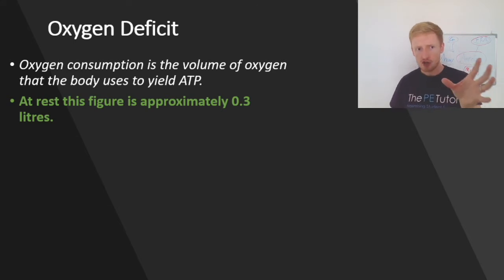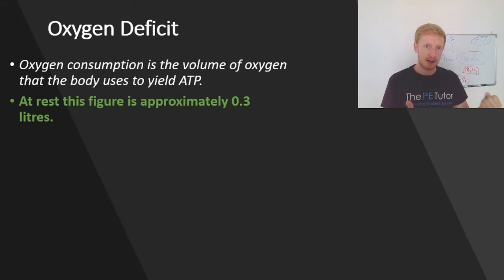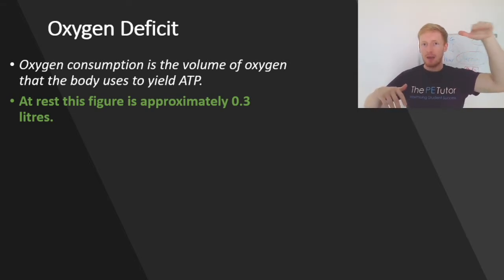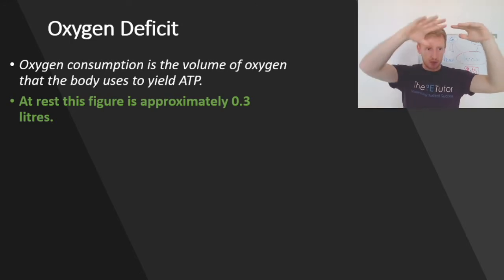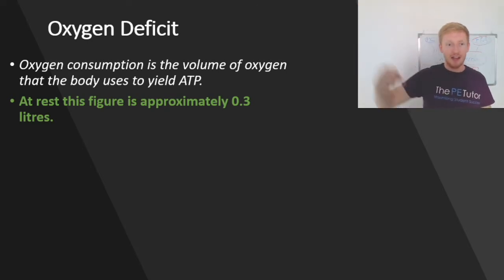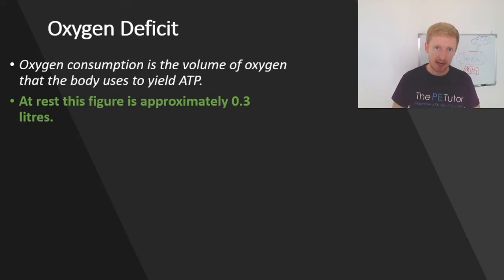Oxygen consumption is another way of saying what that VO2 max is. But the VO2 max is that upper limit. Everywhere below that is the oxygen consumption. The VO2 max is our maximum oxygen consumption, and it's basically how much we can take in and use in our body.